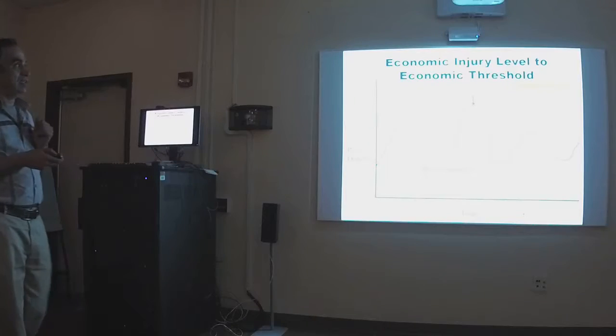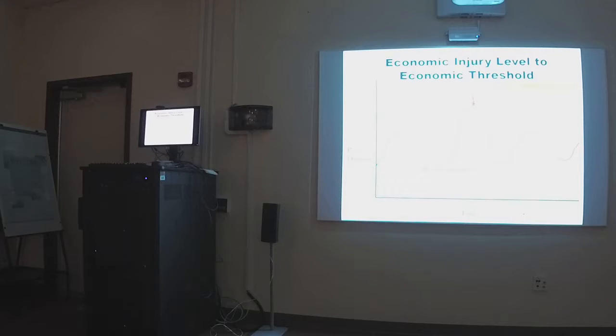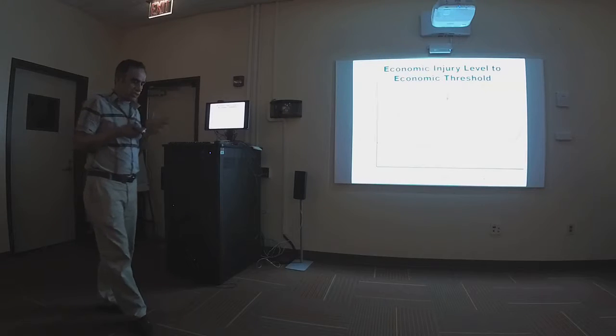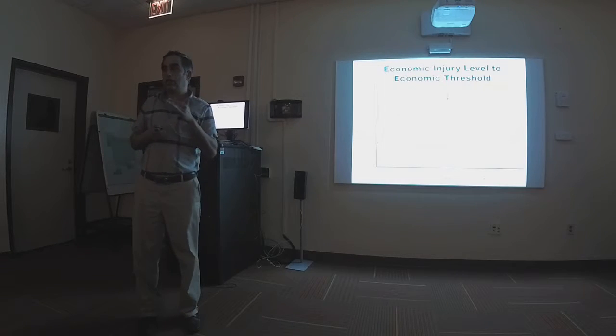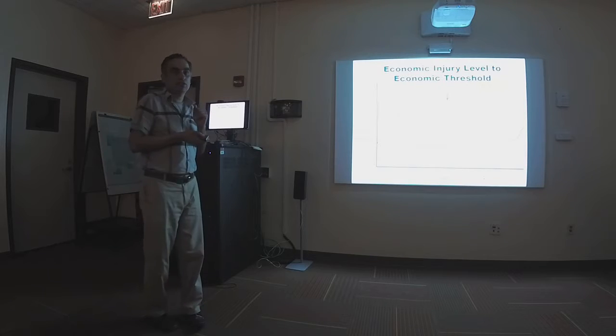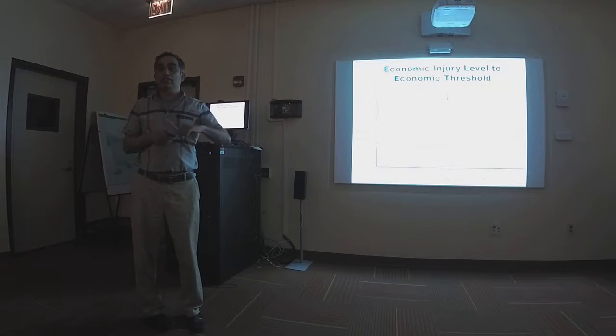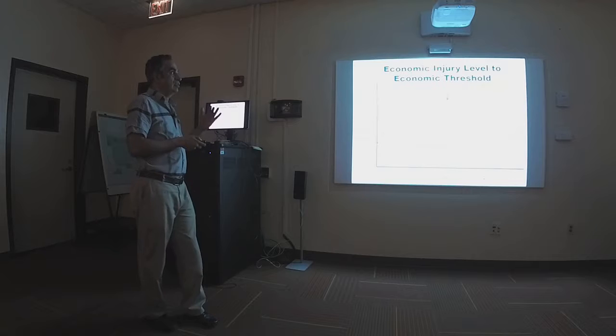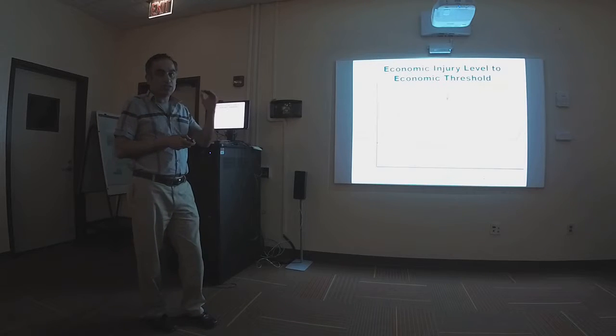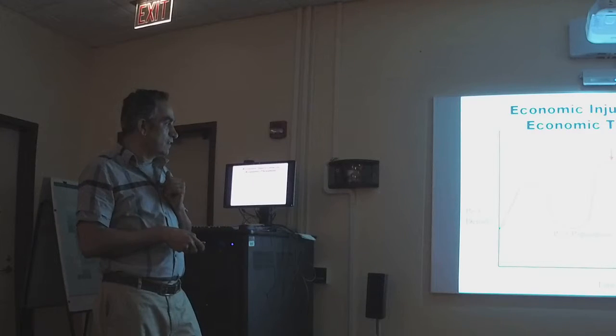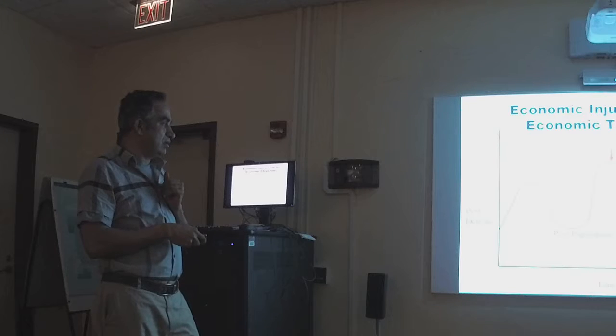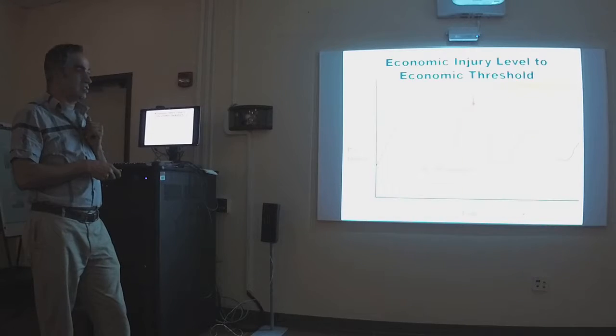So when we say economic threshold, that's done by research, and a lot of scientists have worked on how many insects will cause how much damage to your crop, to tell you when you should start spraying. So let's say this is the pest density, the number of insects, and they are increasing.